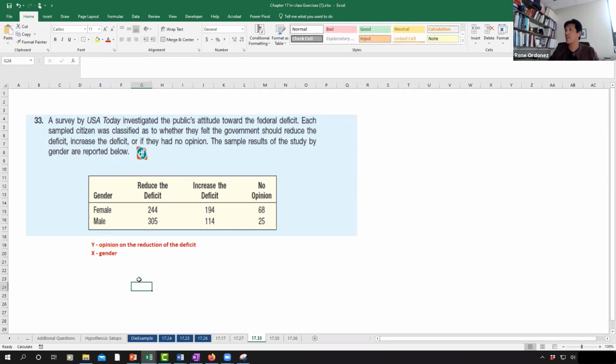Okay, so this is kind of a question that maybe politicians would like to know, because they would want to see whether a particular group would favor one option over another, and that helps them shape their message, assuming that there is a correlation between gender and opinion on the deficit. So we'll continue with this problem in the next session.